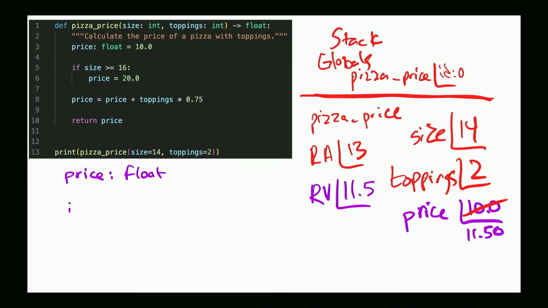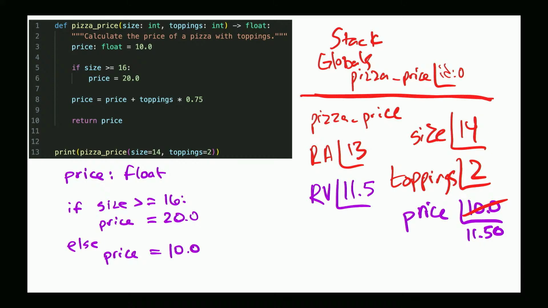And we could have said something like, if size is greater than or equal to 16, then price is 20. Else, price is assigned 10.0. And these two programs would have been exactly the same in their implementation and outcomes, right?